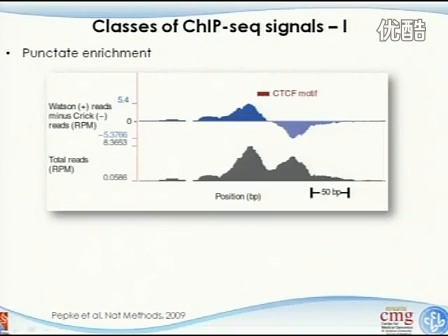Let's go through it. They call it a punctate enrichment. Okay? So for the top figure here, everything above 0 means those are Watson reads, meaning those are the sequencing reads you identify from the positive strand of the DNA.